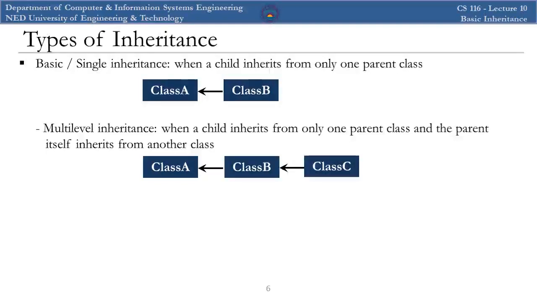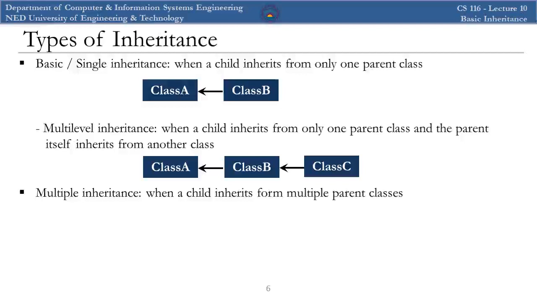Let's suppose we have these three classes, class A, class B, and class C. Class C is inheriting from class B, and class B is inheriting from class A. We had already discussed this in lecture 3, that now class B can access all the attributes and methods defined in itself and in class A, whereas class C can access all the methods defined in itself, in class B as well as in class A. So class C is inheriting directly from class B, and class C is also inheriting indirectly from class A, right? So this is multi-level inheritance.